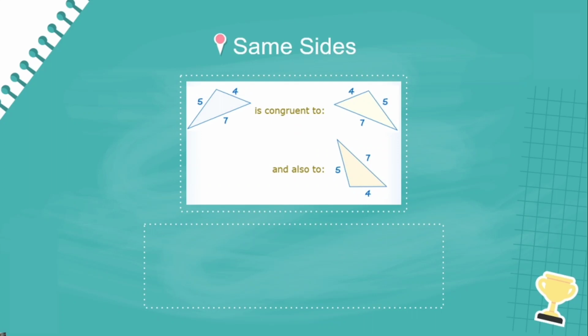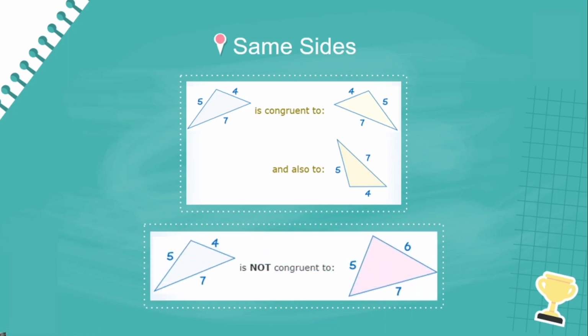Just like in our example, we have this triangle, which has 5, 4, and 7 as its sides, and it is congruent to this triangle. And it is also congruent to this one. But our given triangle is not congruent to this triangle, since 6 and 4 are not equal, meaning this length is longer than this one.